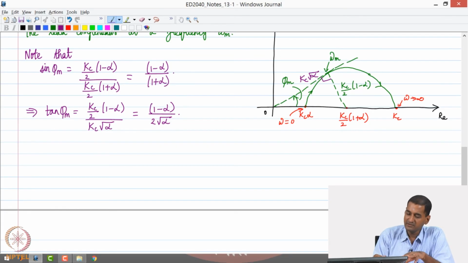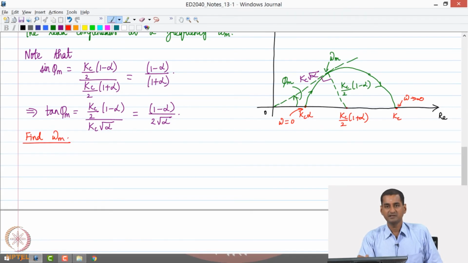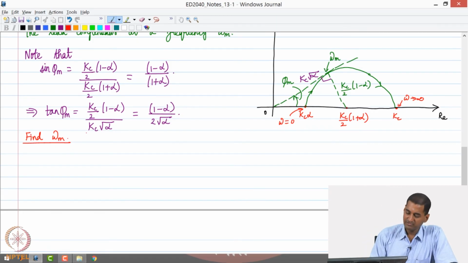Now, as a next step, let us find omega m. So, what is omega m? Omega m is the frequency at which we get the maximum phase angle. For that, we just need to go to the expression for the phase of the sinusoidal transfer function c of j omega.